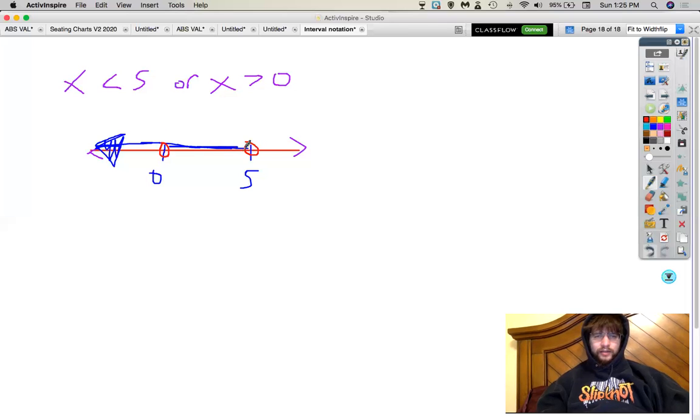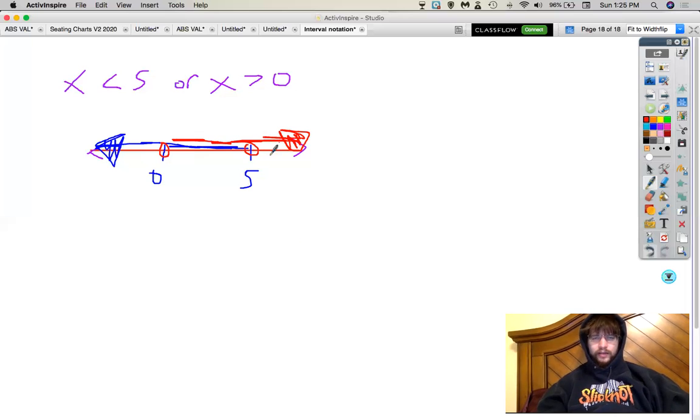But notice how the less than 5 part went through 0, so it's grabbed it because it's an or. This is gonna include the 5. So if I look at it, this part's everything bigger than 0, so that includes the 5. This part's everything less than 5, so that includes the 0, so that includes everything. So all real numbers would be my answer.